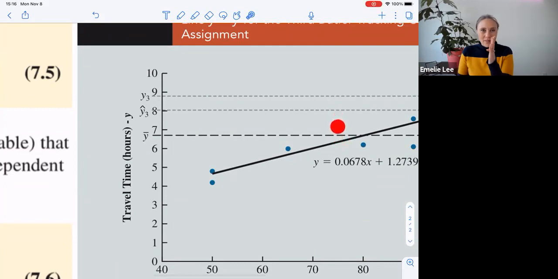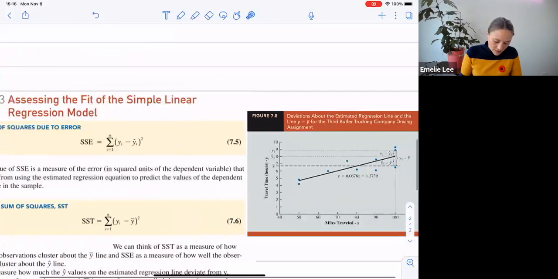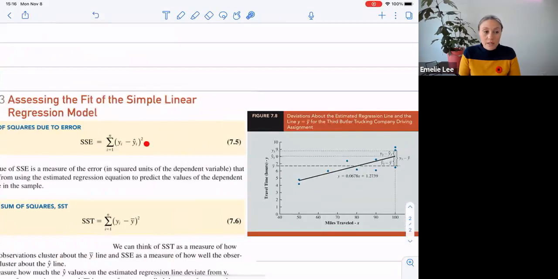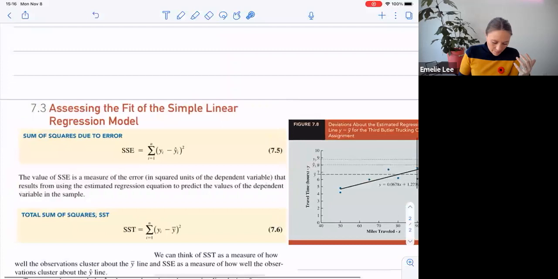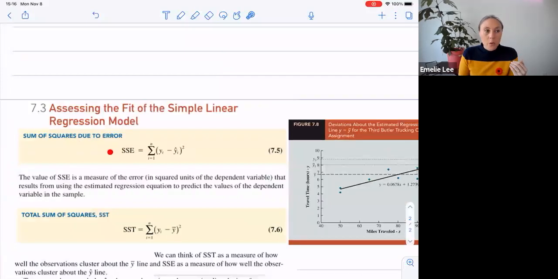At that same value of x, we have some predicted value of y. We look at all those distances squared and then add those up. And those are what we call the sums of squares due to error. We abbreviate it SSE for error.